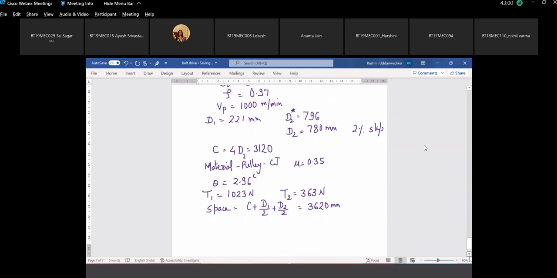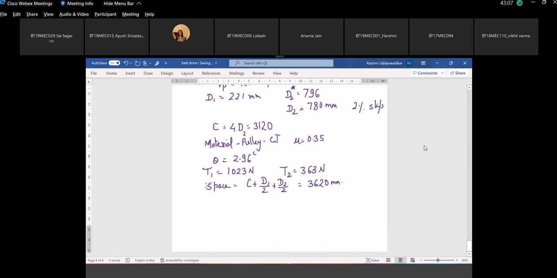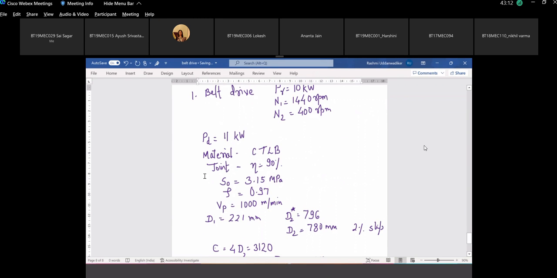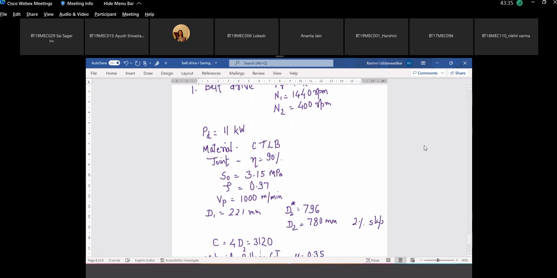Next, we calculated the area. What was the area that we calculated? 355 square meters.